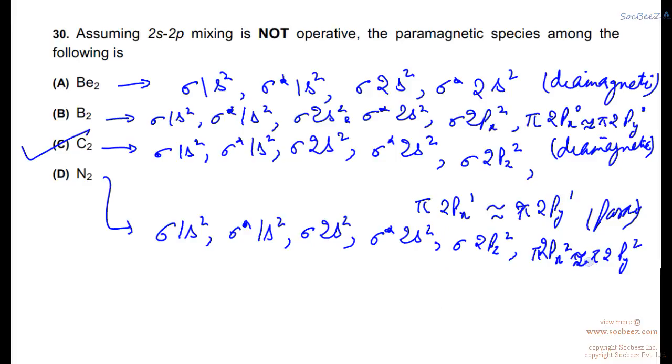These two will be almost equal in energy. So therefore option D is also incorrect. So the correct option is option C. Okay. So now let's move on to another question.